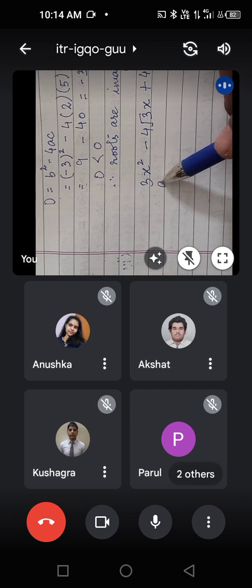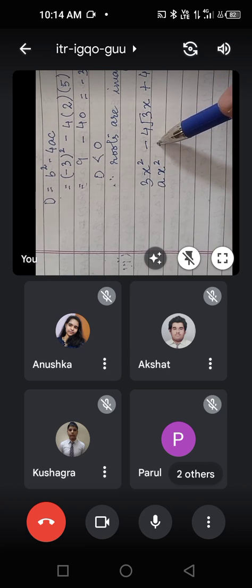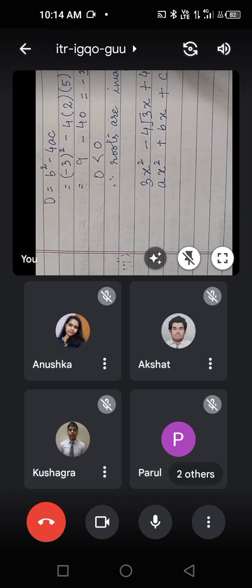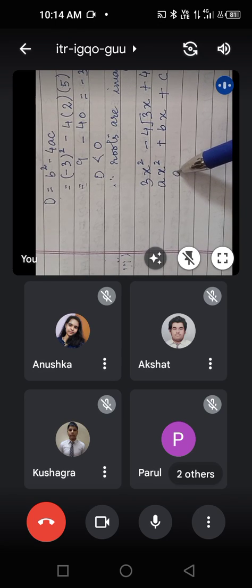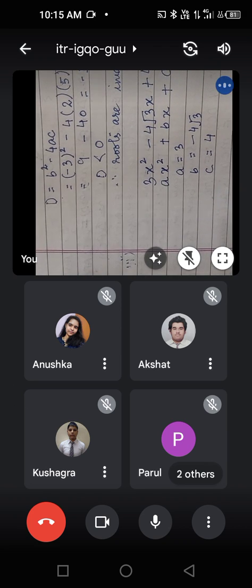The standard quadratic equation is ax square plus bx plus c is equal to 0. If we compare this, a is equal to 3, b is equal to minus 4 root 3, and c is equal to 4. A is 3, B is minus 4 root 3, and C is 4.